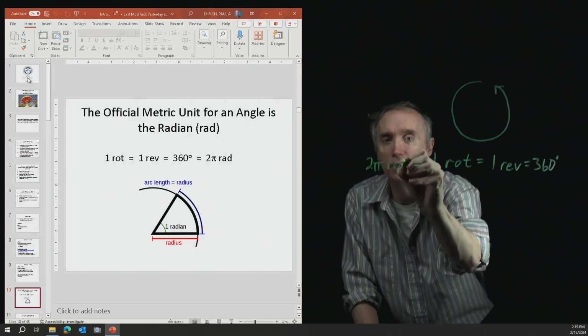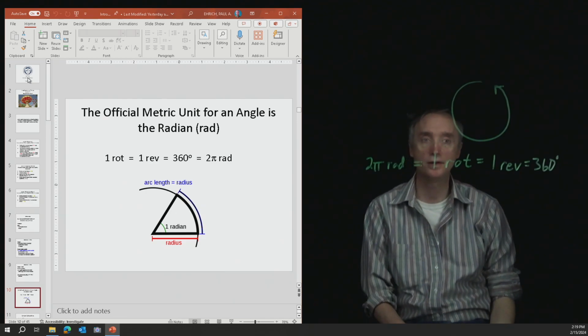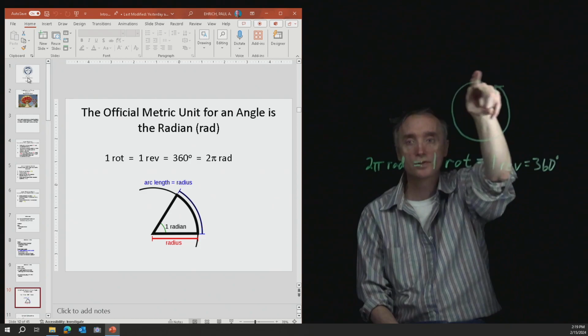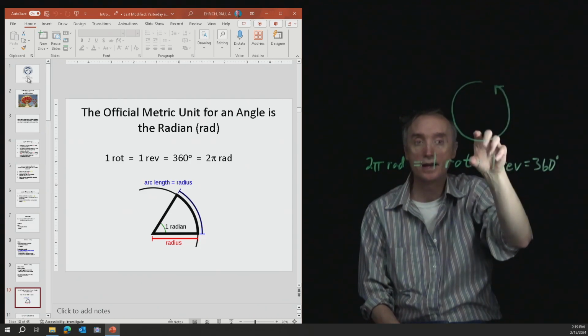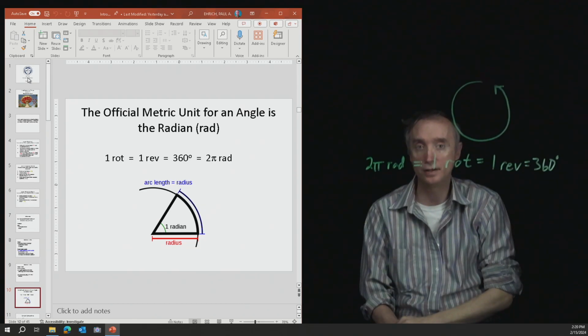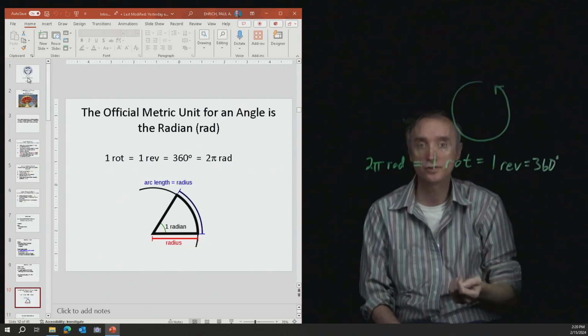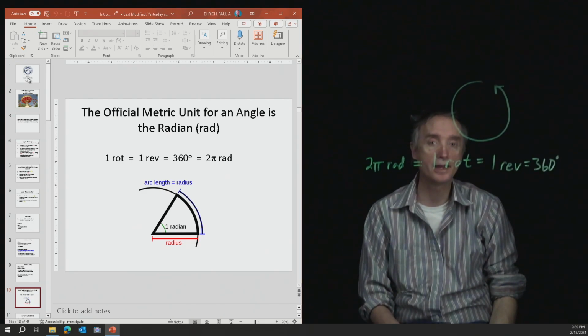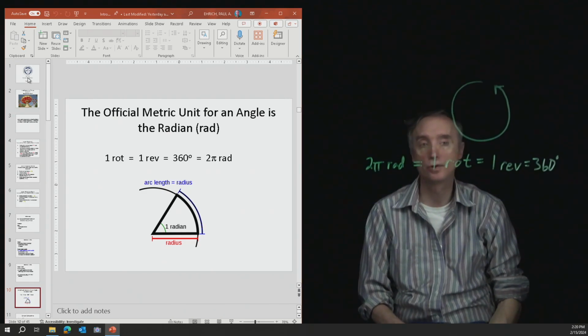So it's the radian that I think that you might not be familiar with. So when you go around in a complete circle, that angle is going to be 2 pi radians. That is the official metric concept for angle. So it's going to be called the radian.